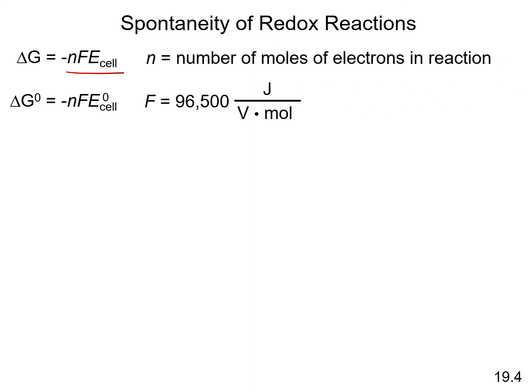The N here stands for the number of moles of electrons in the reaction, and F is Faraday's constant. It's 96,500 joules per volt mole. Remember, joules over volts is just equal to coulomb, so 96,500 coulombs per mole also.